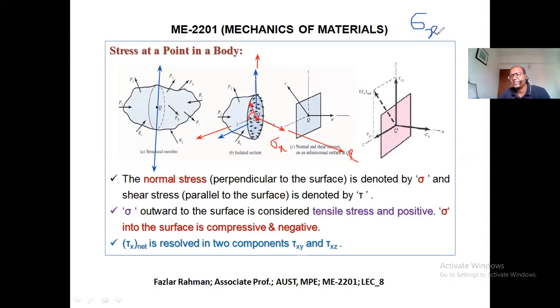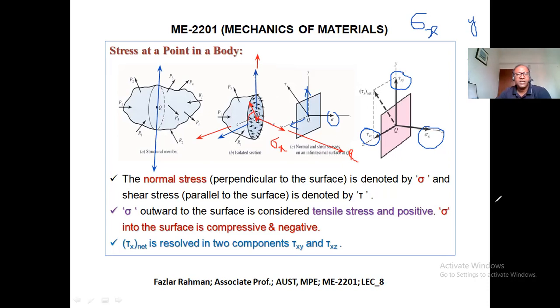And the other two axes remain y and z, so in those two directions there will be shear stress. Right over here it shows this is sigma and this is tau, and this tau divides into two parts, one working along this direction, the other along this direction. That is shown over here. This is sigma x, and this tau working along the z-axis is called tau xz, and the upward one is tau xy.